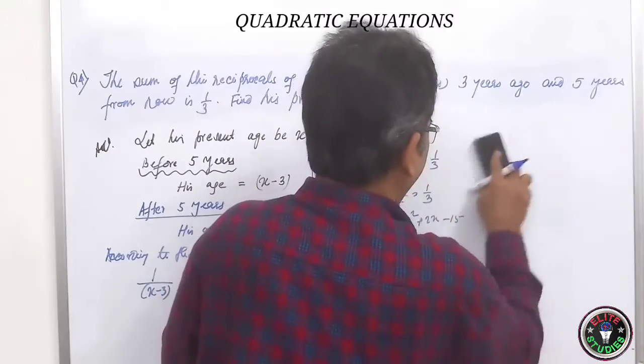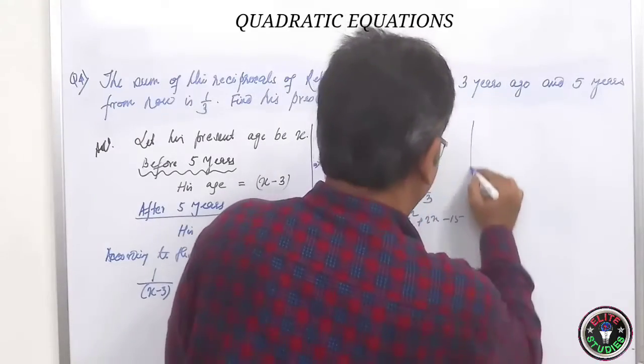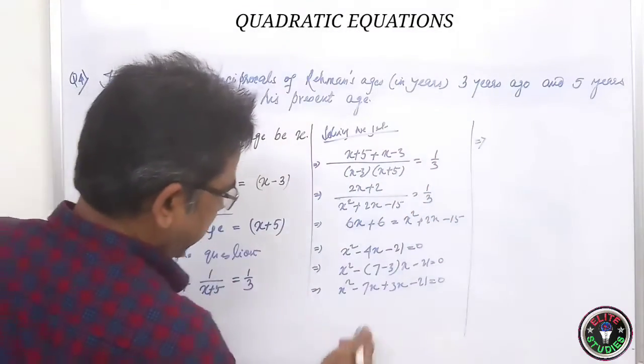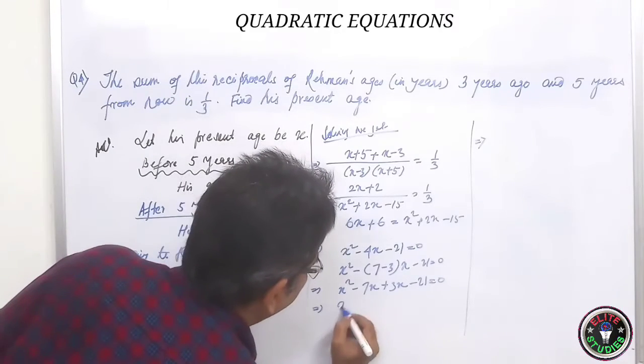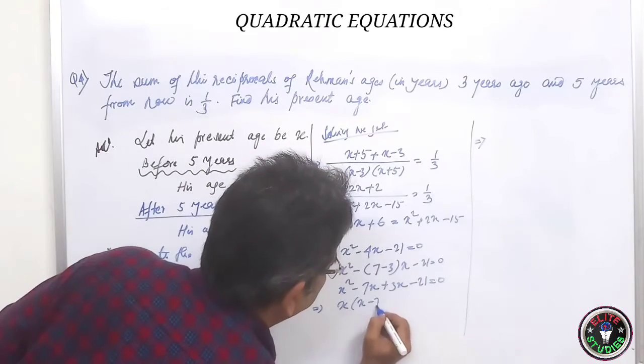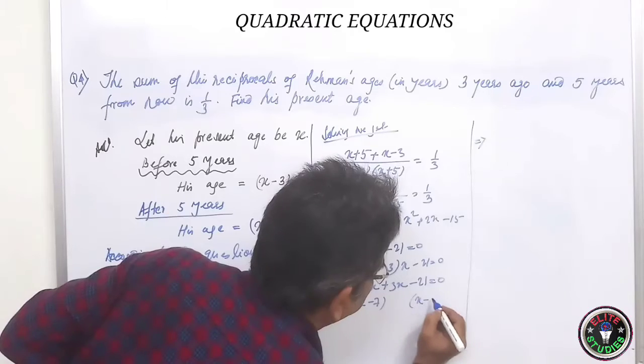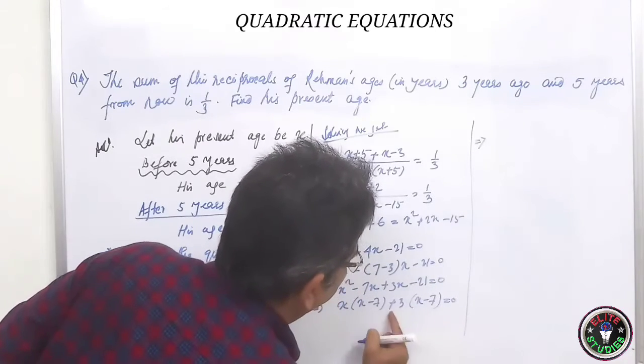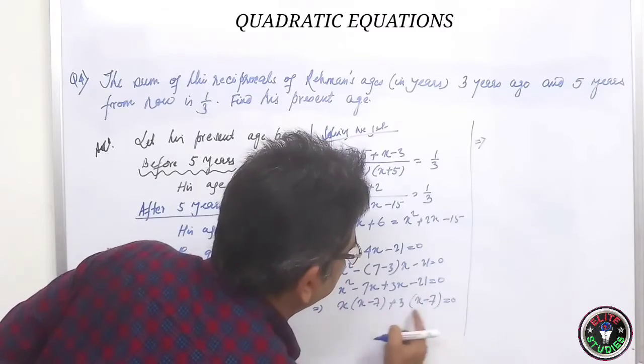Now what will it be? This implies you take the common factor here, so it will be x minus 7, and here also x minus 7, and it will be plus 3. Plus 3x minus 3 is 21.